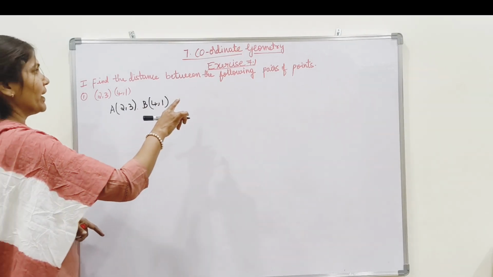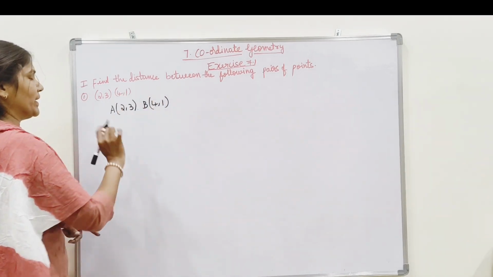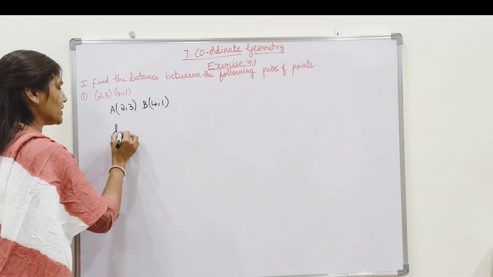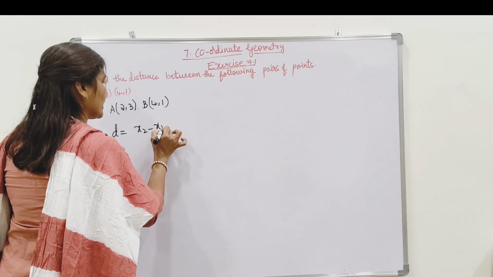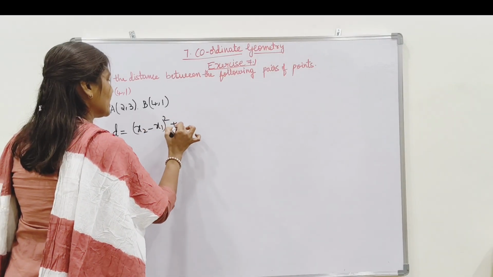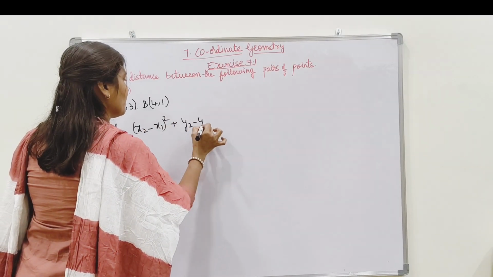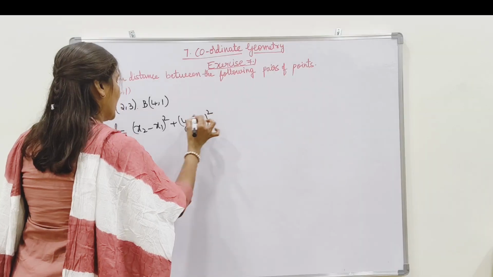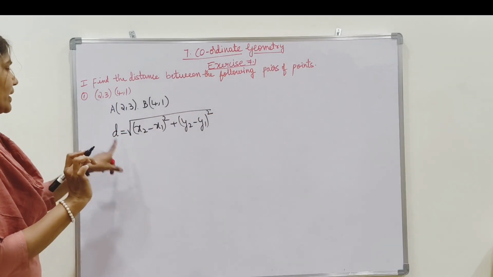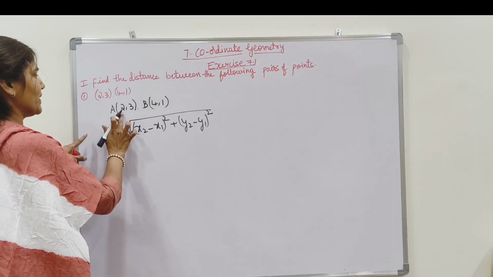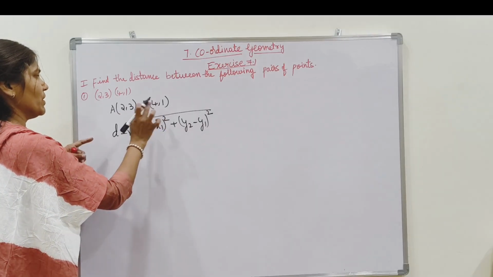Now we will find the distance. Finding distance means we will use the distance formula. D is equal to the square root of (x2 minus x1) whole square plus (y2 minus y1) whole square. This is the distance formula. If there is confusion, the first point is x1, y1 and the next is x2, y2.